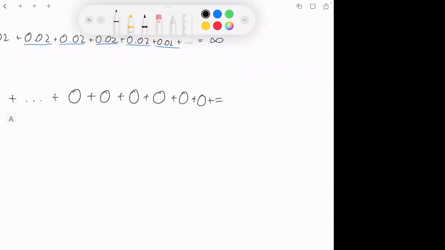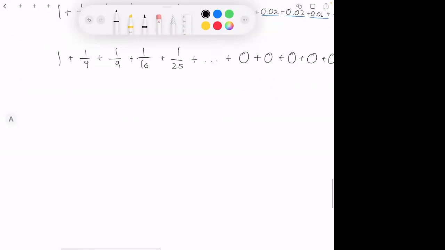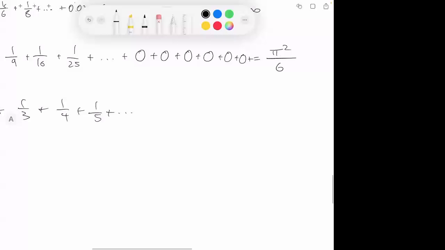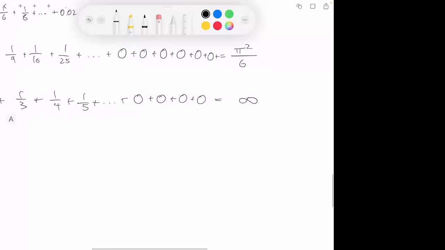Series like that do have a shot of converging, right? Now it's only a shot. Some series that are like that, as you well know, despite the terms approaching 0, still add up to infinity, because while they're approaching 0, they're approaching 0 too slowly.